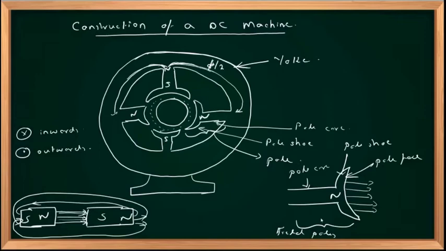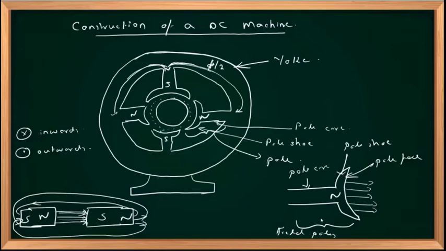So if you need to provide a flux like this, it means you are interested in making a north pole, so that the fluxes should come out of this pole. So hold your right hand thumb towards the right, outwards from the north pole, and hold all your fingers. The fingers direction shows the direction of the current.